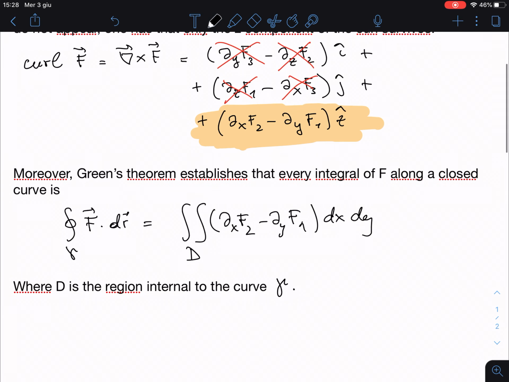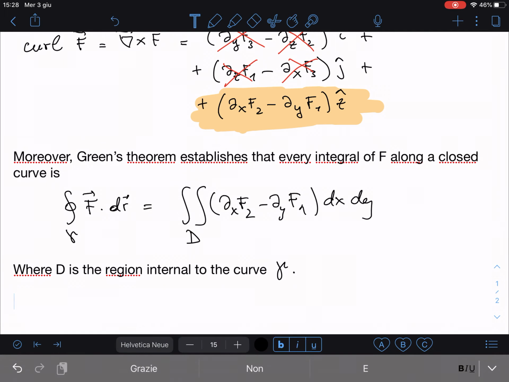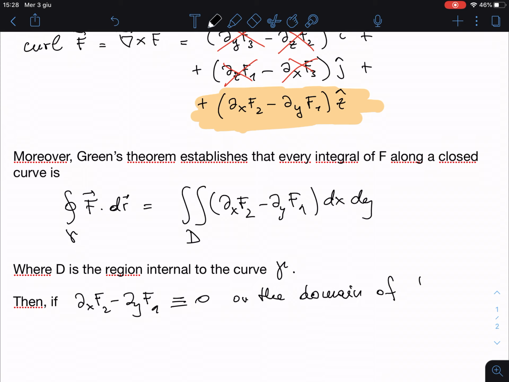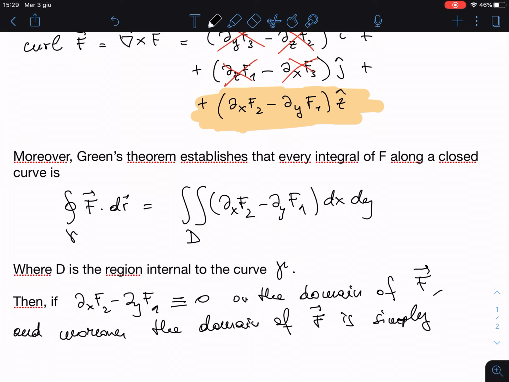We studied it a lot. So as a conclusion, if the quantity dx f2 minus dy f1 is identically equal to 0 on the domain of F, and moreover, remember the strange example of irrotational but non-conservative fields, the domain of F is simply connected, then F is conservative.